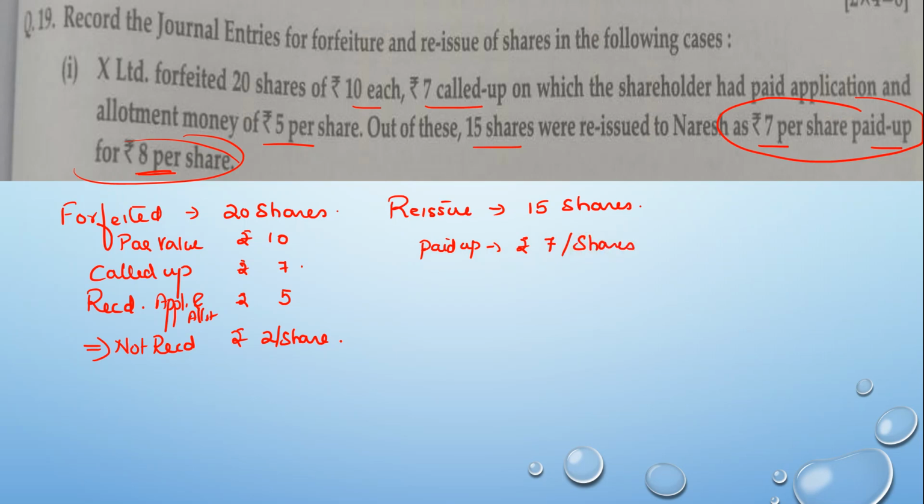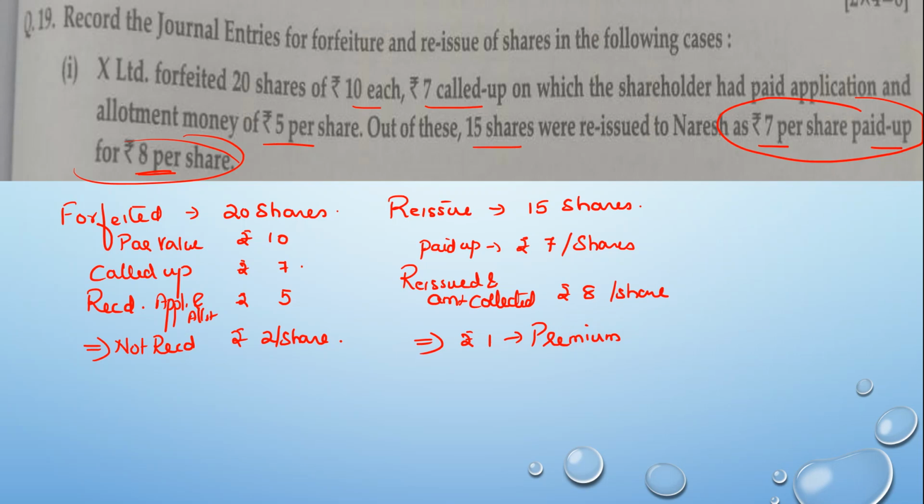But it is reissued and the amount collected from the new shareholder is Rs 8 per share, which implies they are collecting 8 rupees but saying it is as if the new shareholder has paid only 7 rupees. So that extra 1 rupee is the premium being collected from the new shareholder.